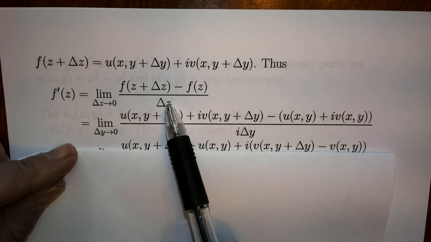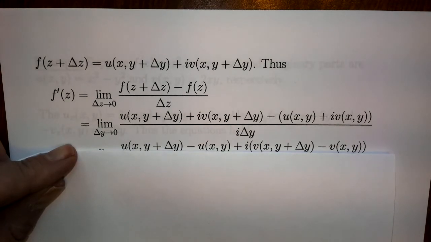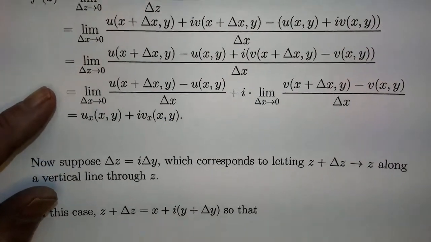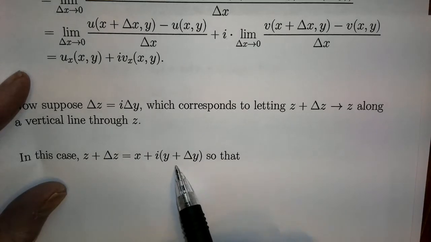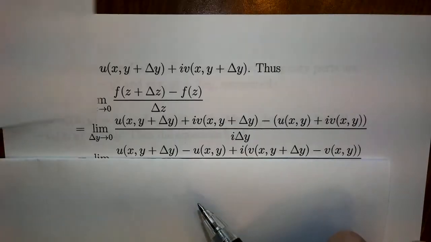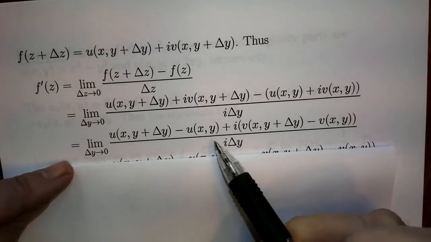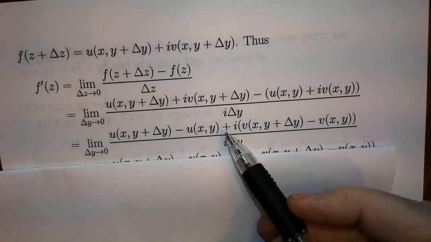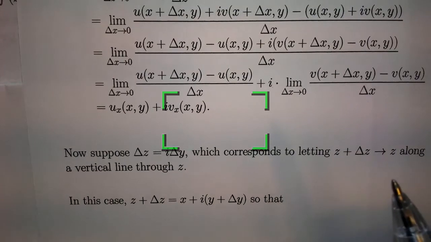Now we're dividing it by delta z, but in this case, delta z is equal to simply i times delta y.